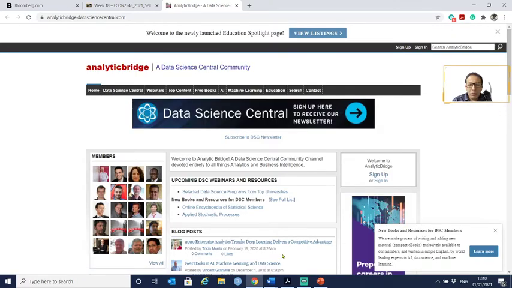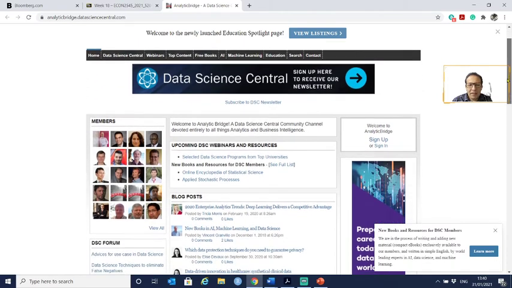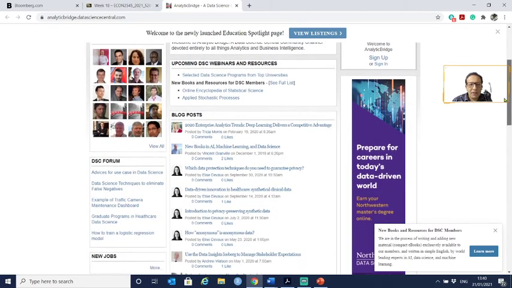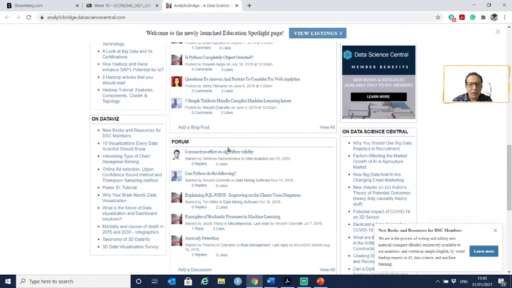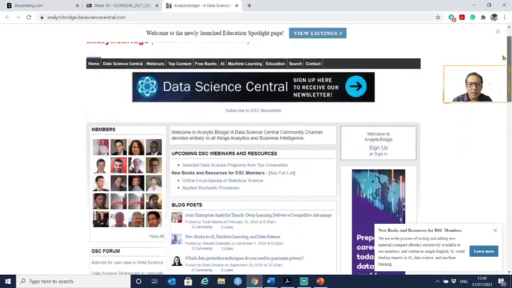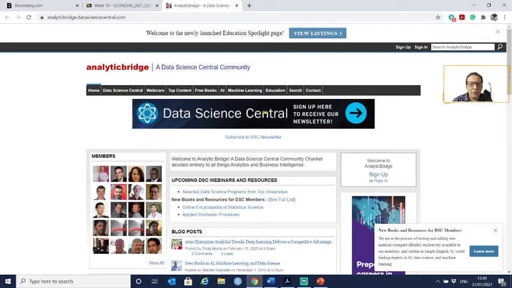You will be able to find enterprise analytical trends, learning delivers a competitive advantage, many other blog posts, and advice for use cases in data science, and examples coming from many places in order to tackle the problem. I think here we have, for instance, coronavirus effect on algorithm validity, and many other interesting sources of information related to data science or forecasting.